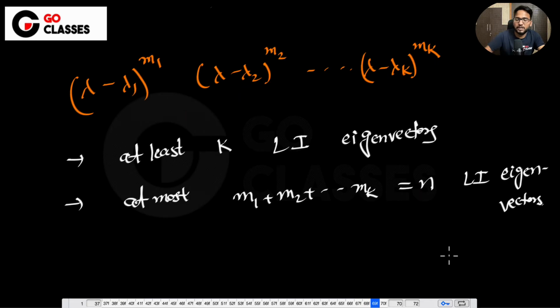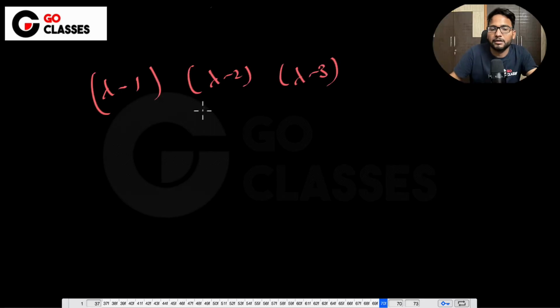Okay, let me give you more examples. Suppose I ask you lambda minus 1 into lambda minus 2 into lambda minus 3. You will say that there are 3 different eigenvalues, so 3 linearly independent eigenvectors.